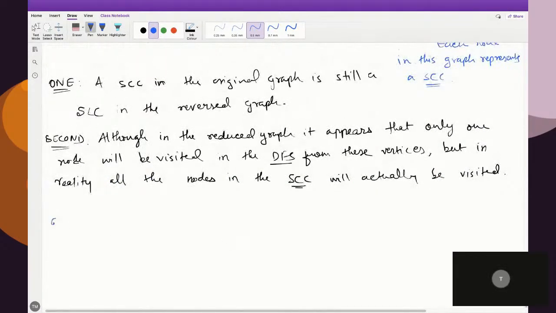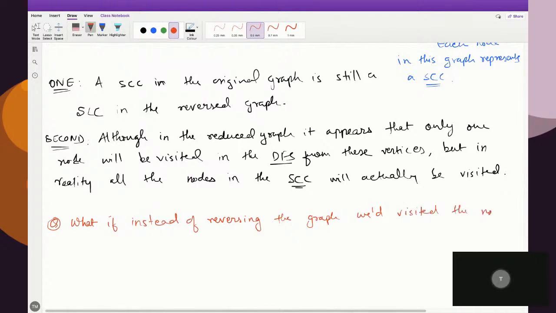Now the question for you to think about: what if, instead of reversing the graph, we had visited the nodes according to increasing order of exit time in the original graph itself?